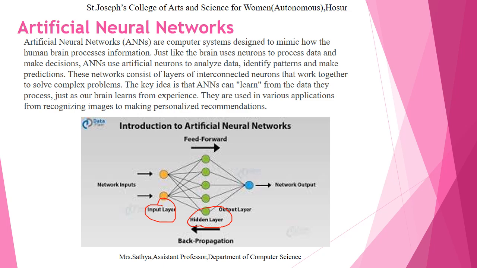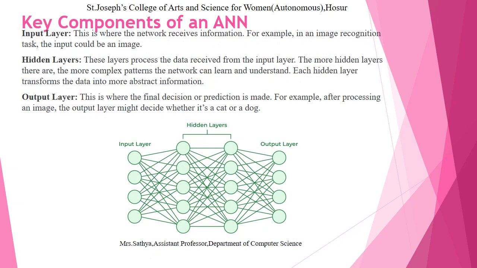The input layer is where the network receives information, it receives the data. For example, in an image recognition task, the input could be an image.